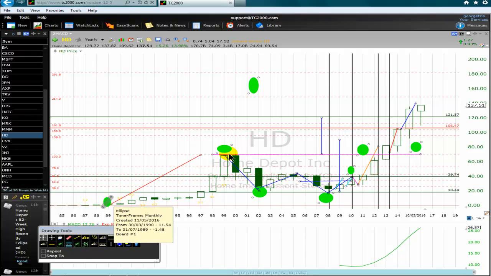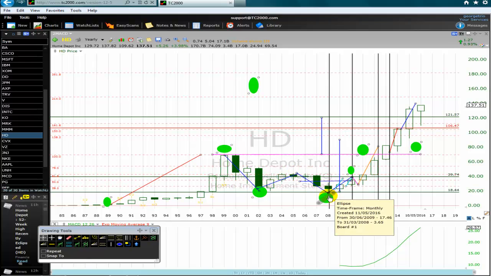From here to here, that's the first wave, followed by the second wave, 1, 2, 3, that's the second wave of the bigger cycle. So the 1, 2, 3, 4, 5 wave that I was counting here is the third wave of a bigger cycle.